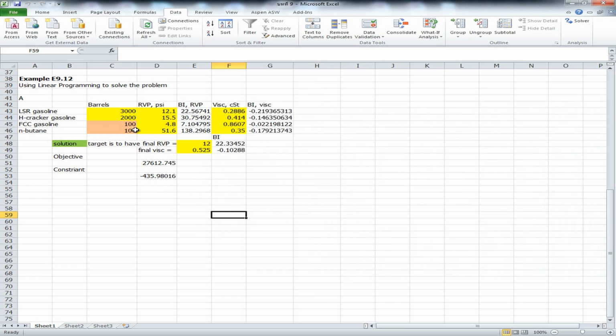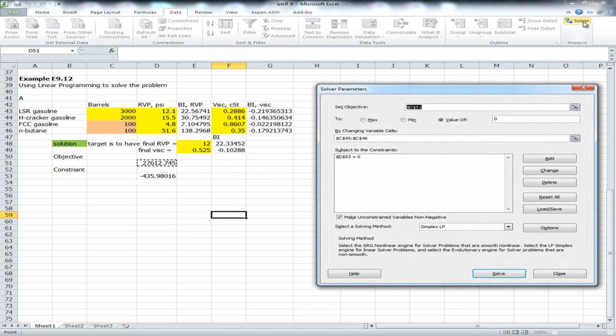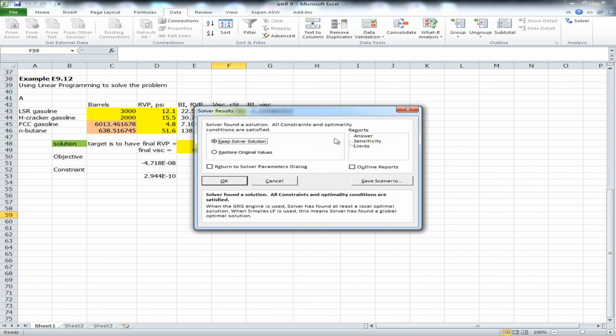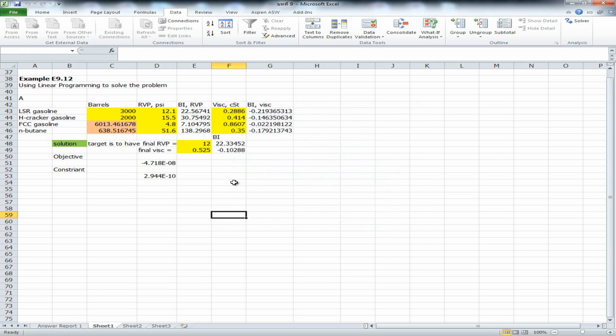Based on that, let's do it again. Actually, we already have the number showing up here, but let's do it again. Okay, so now you keep the answer.